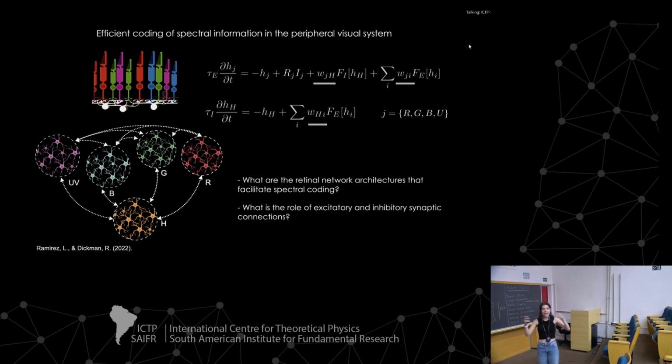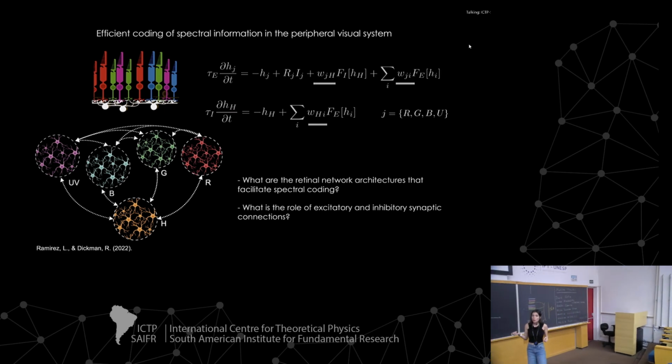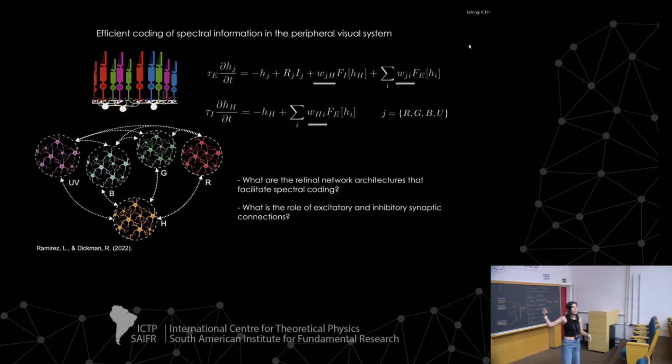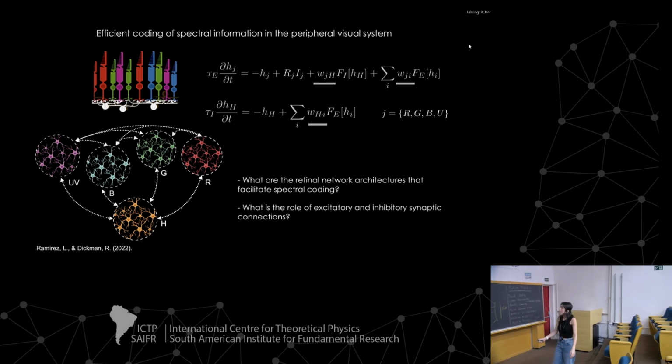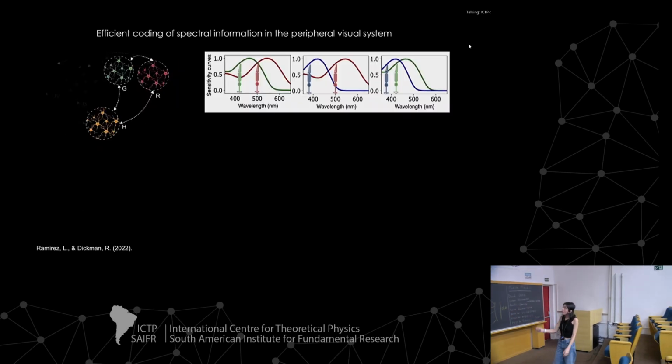So we could have some excitatory inputs going on in the network, and we wanted to know what were the effects and the benefits if you include these excitatory inputs in the network. I'm going to show you only the results for the dichromatic case. I'm happy to talk about the other types of networks at the end. The only thing I have to say is that this generalizes to bigger networks.